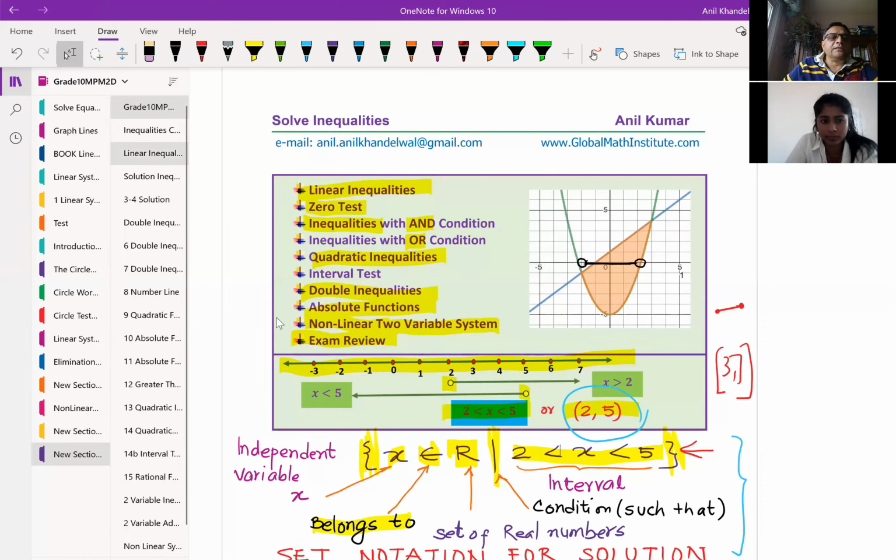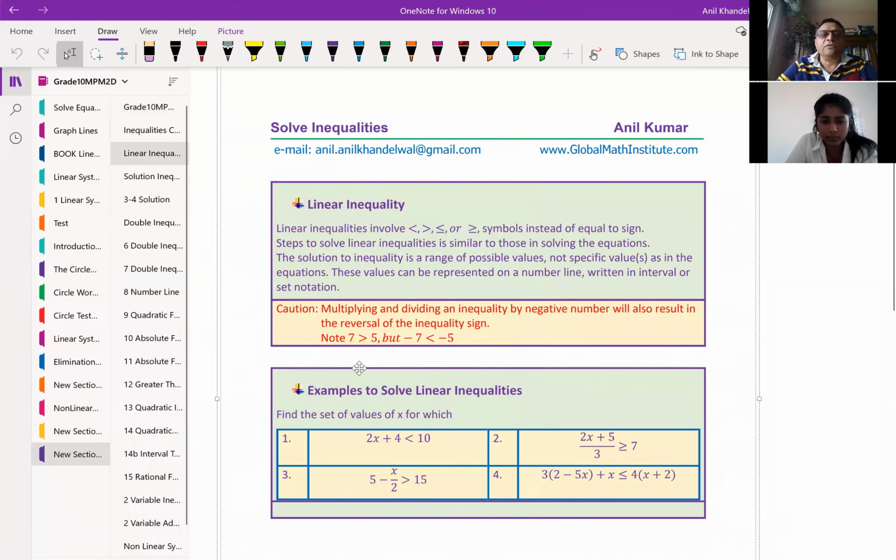So let's begin our lesson with the very first example. We're talking about how to solve linear inequalities. We'll take a few simple examples to begin with. As I was saying, inequality really means less than, greater than, less than or equal to, or greater than or equal to symbols. But the solution of an inequality is similar to solving any equation, with one major difference.